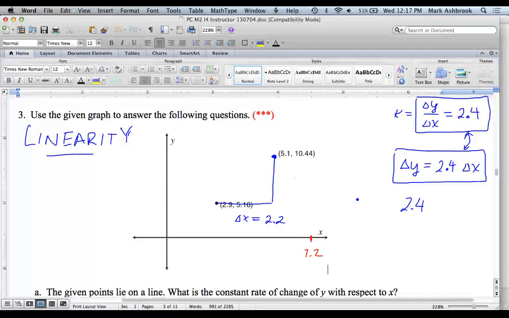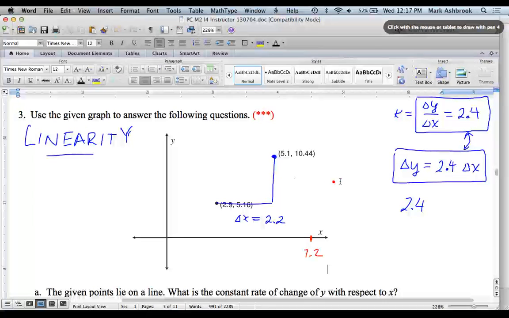Okay? So now I've got a starting value of 5.1 for x, and we want x to change to 7.2. So what's the first thing we want to know? Yes, Farah? Change of what? Good. Okay, so we can represent it this way.